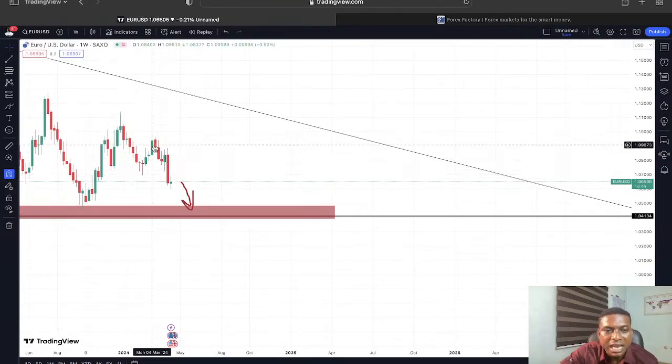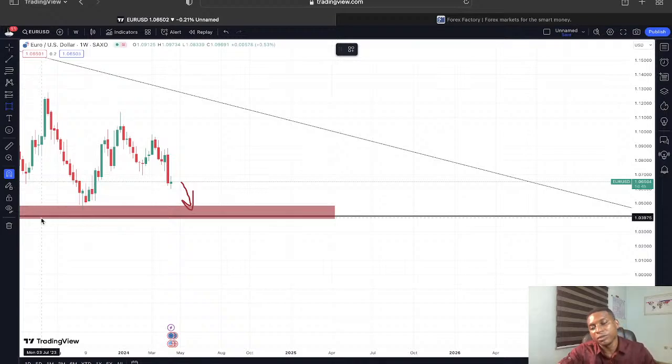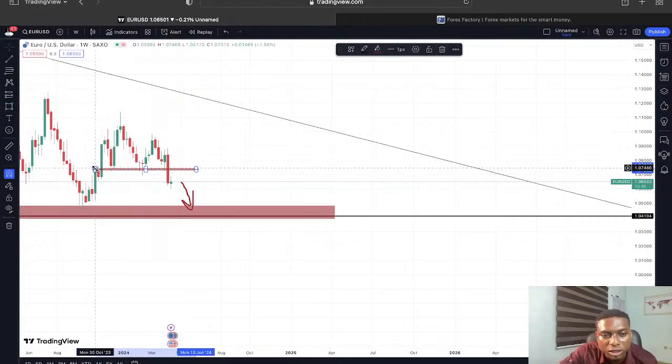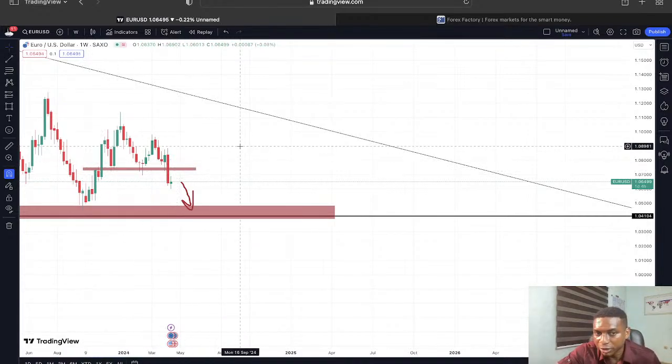Now the last week candle did something which gave us that signal of a very potential sell pressure: it broke through this support zone. Can you see it now?